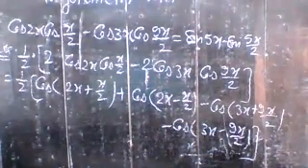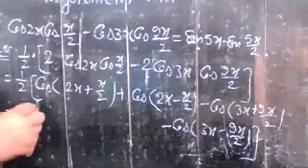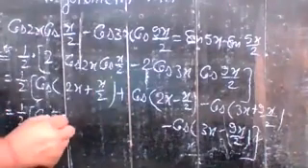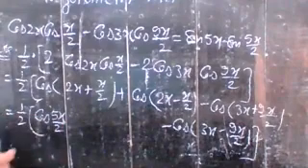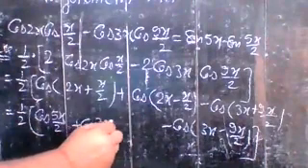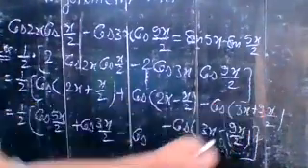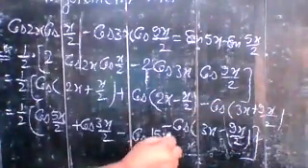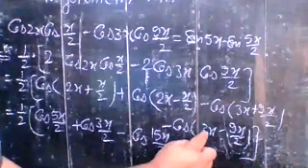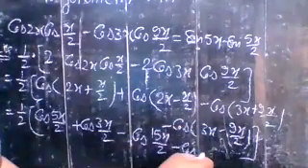Simplifying, you have 1 by 2 into cos 5x by 2 plus cos 3x by 2, minus cos 15x by 2, and minus cos of 3x minus 9x by 2, which is minus 3x by 2. And cos of minus x is equal to cos x, so write its positive value.